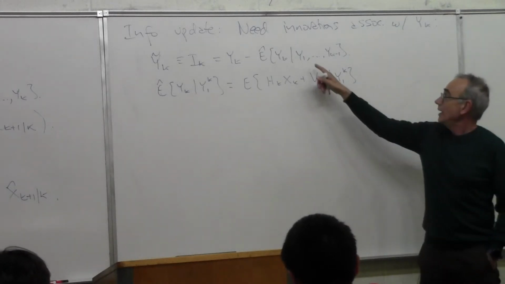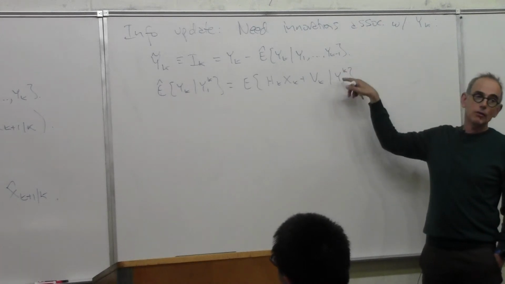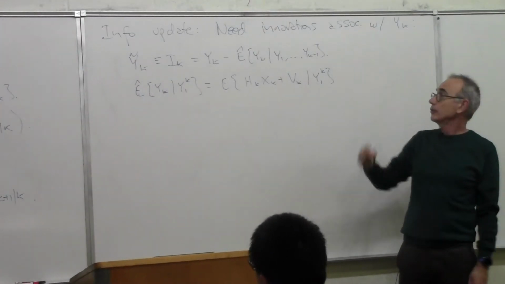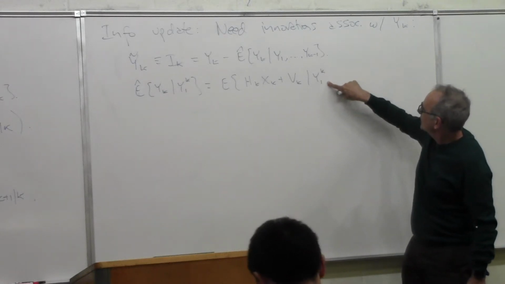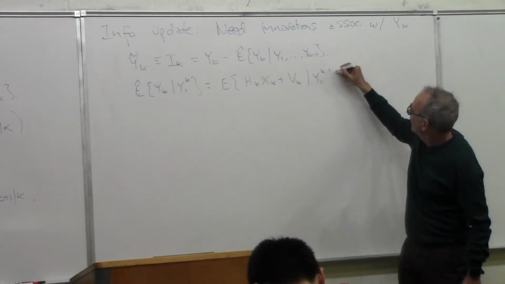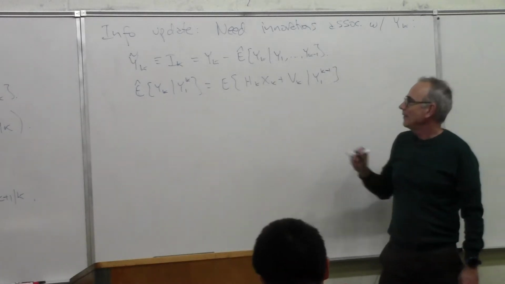Okay, standard shorthand when you have a string of random variables like this, you write y 1 to k, or just y superscript k, to mean the vector. But I forgot something. That's too much information. There should be a minus 1 there, and there should be a minus 1 there.